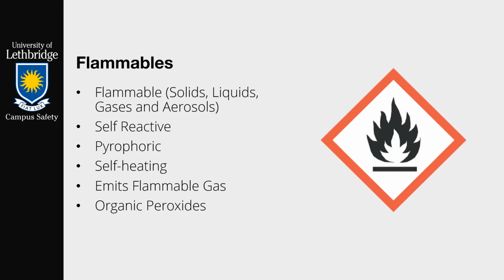The flame pictogram represents flammables. These include materials that are flammable, such as solids, liquids, gases, or aerosols. Also included are substances that are self-reactive, self-heating, pyrophoric, or emit flammable gases when in contact with water, as well as organic peroxides.